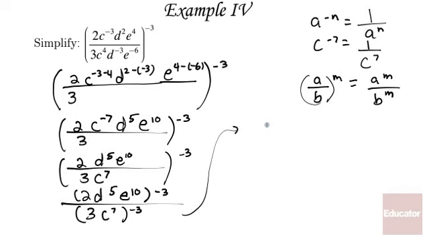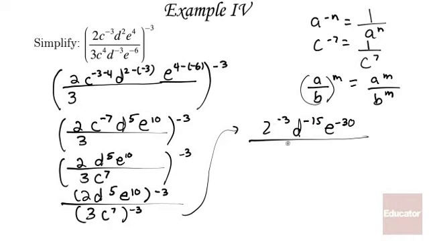It's going to give me 2 to the negative 3. 5 times negative 3 is going to be d to the negative 15, and then I've got e to the 10th raised to the negative 3. I multiply 10 times negative 3 and get e to the negative 30th power.